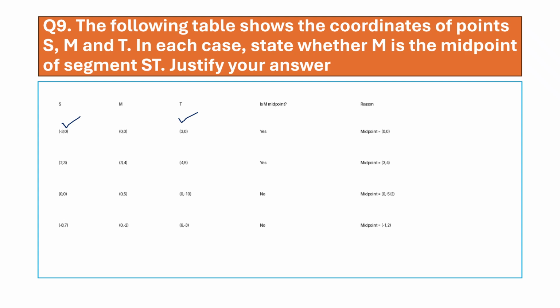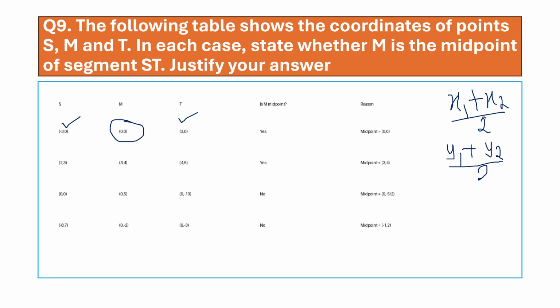To find the midpoint, that is M, we use the formula. For the midpoint, we always take x1 plus x2 divided by 2, and likewise y1 plus y2 divided by 2.